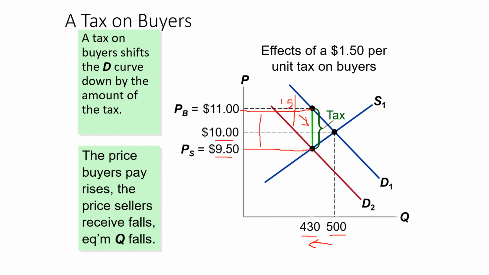Usually for the economy to grow, we need to have more transactions, more goods purchased and sold. Overall, in the economy now 430 pizzas are traded instead of 500 pizzas. So this is how a tax can affect the market.